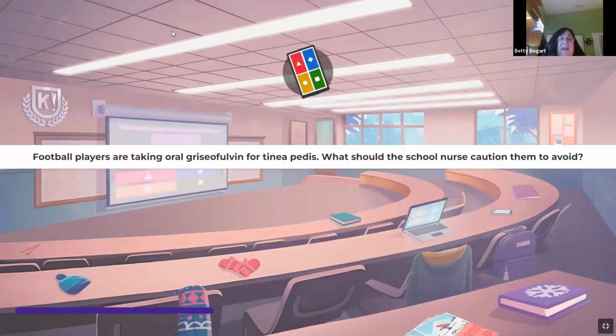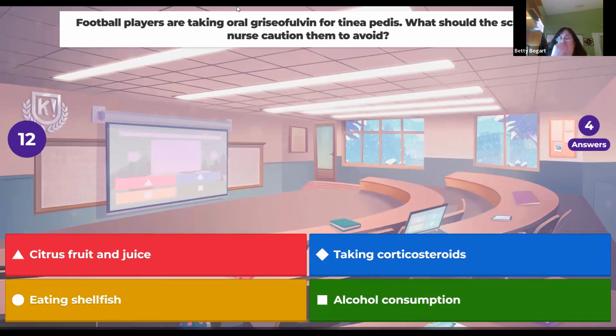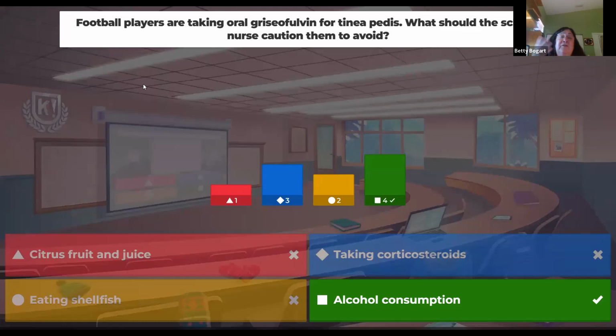Football players are taking oral griseofulvin for tinea pedis. What should the school nurse caution them to avoid? Now, this is a fungal infection. You know, athlete's foot is a fungus infection.